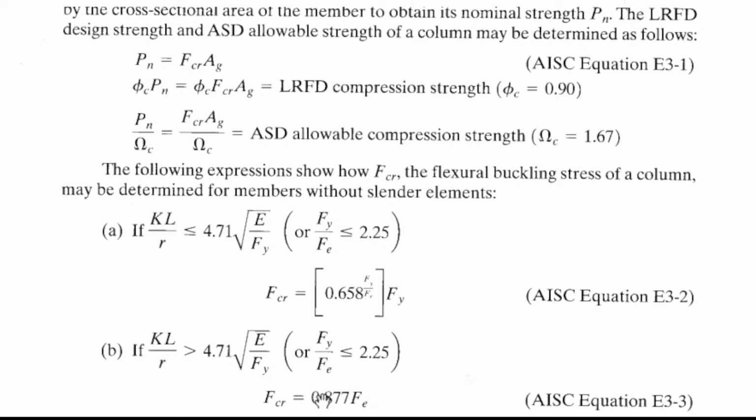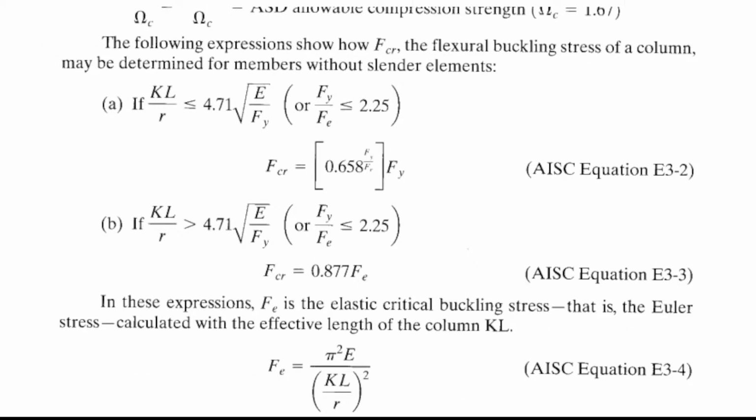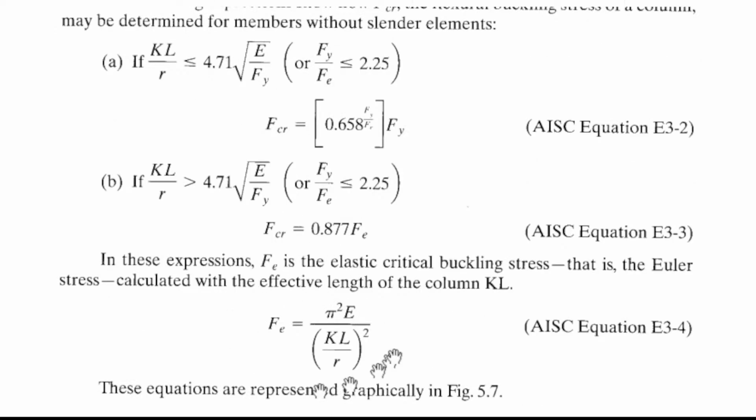So 0.877 Fe. Fe is our elastic critical buckling stress. Another formula here: Fe is equal to the elastic critical buckling stress.